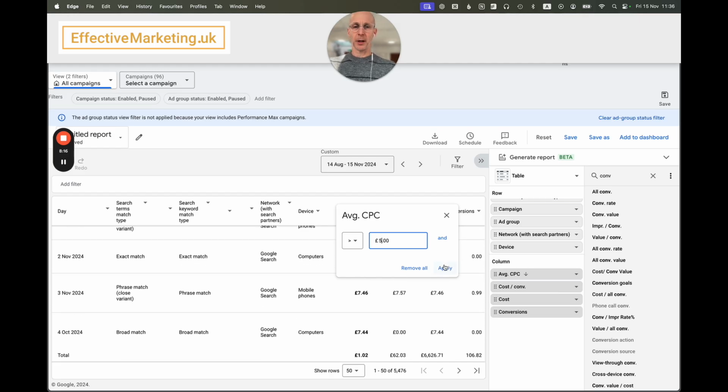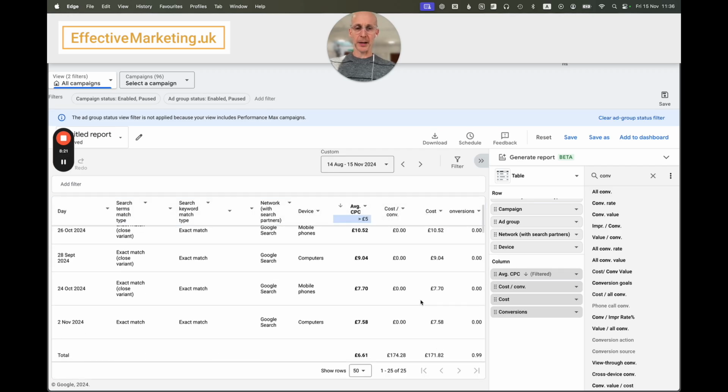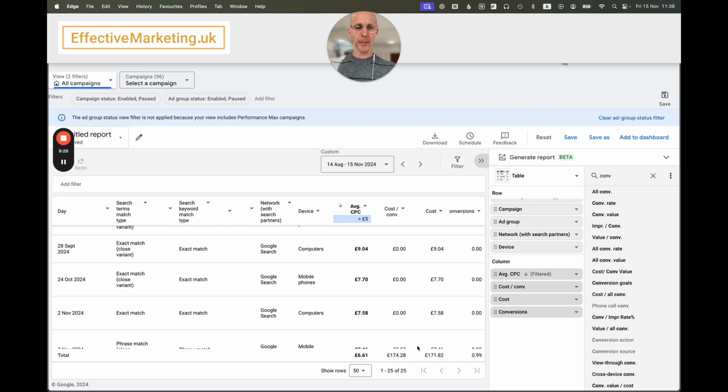So apply the filter, and the cost per conversion now is 174, and on this segment of clicks that are more expensive than £5, we spent £171. So it's not going to change our account by a lot, but it's going to save us some wastage, right? Because we are basically eliminating this £170 that only resulted in one conversion.